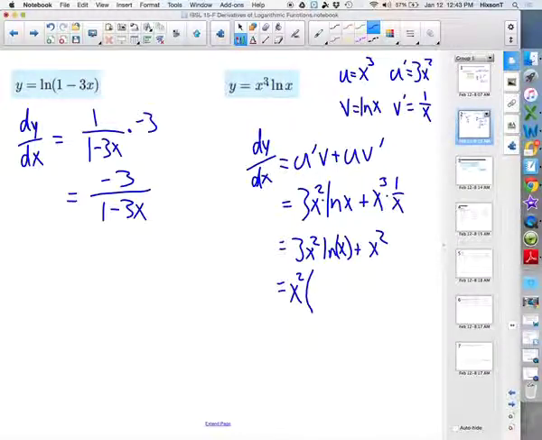Factor out the x squared, and you get 3 ln of x plus 1 in the parentheses. Okay? Good. Any questions so far?